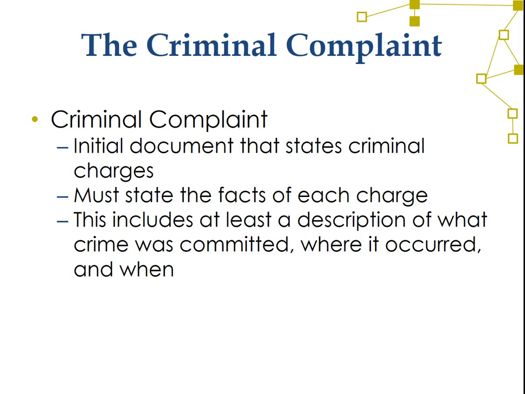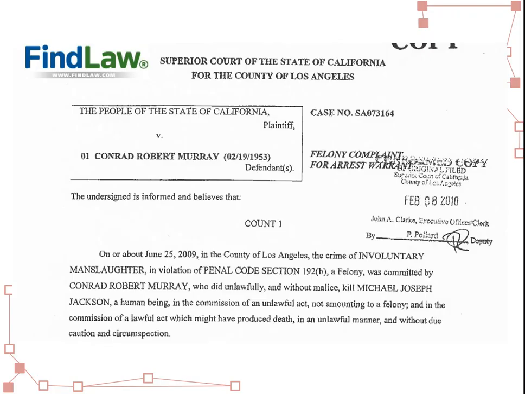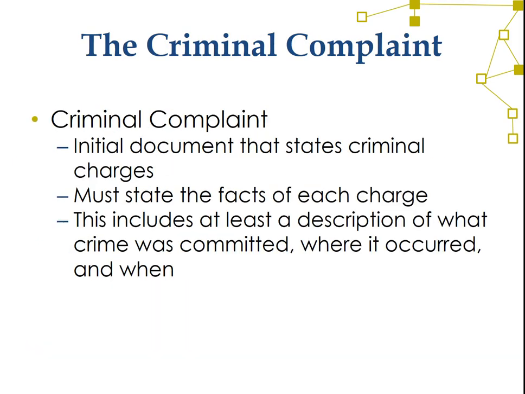So now you've heard a little bit about the criminal complaint and what that actually entails. And again, if I back up a little bit far, but here's the criminal complaint. And it contains those elements that we basically just talked about. So that's an example for you to look at. And here's another example of a criminal complaint.